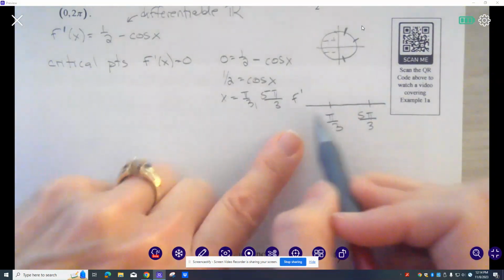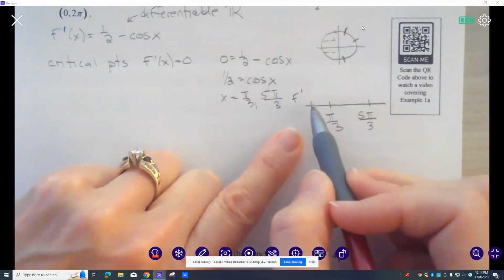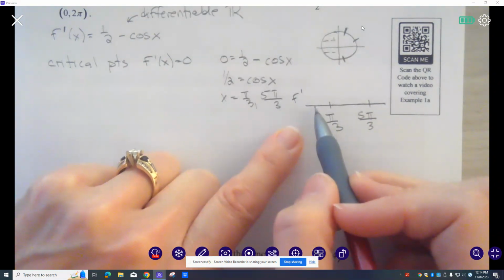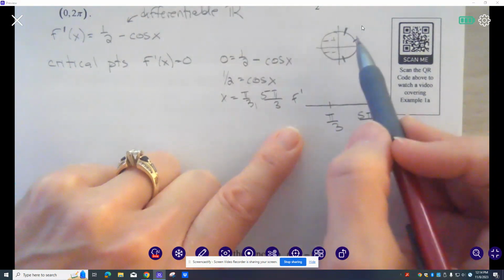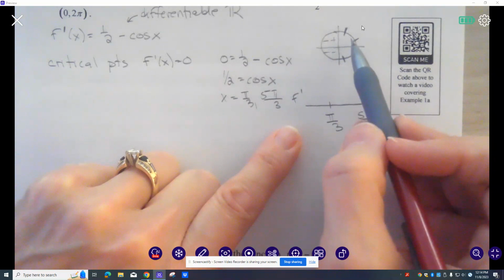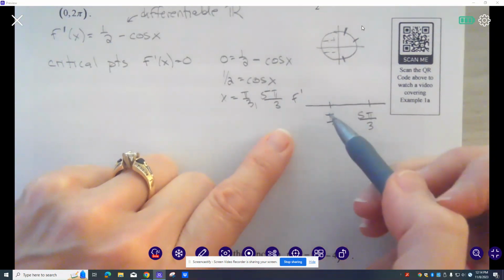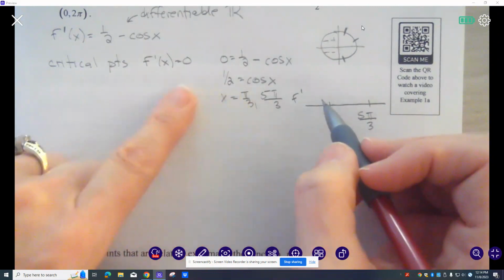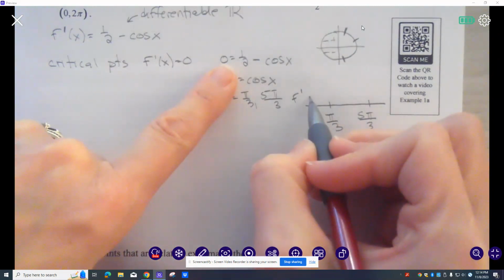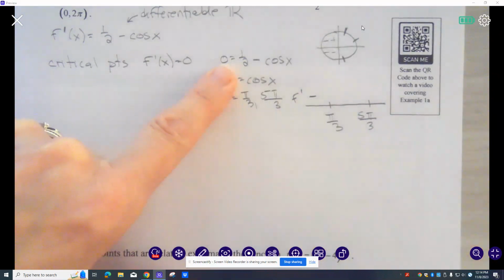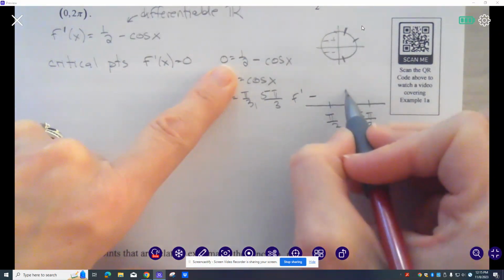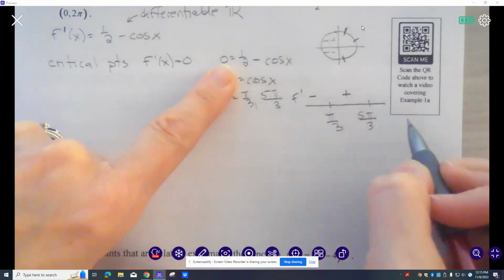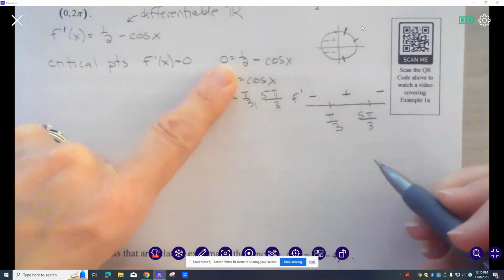If you pick a point to the left of pi over 3, you could really put in anything. I might put in a unit circle value. Plug it into your derivative. You're going to find that the derivative is negative there. Then in between here, the derivative is positive, and here it is negative.